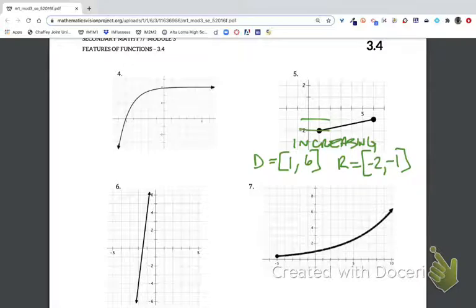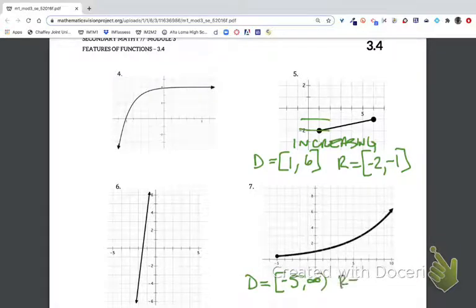Number 7, the domain starts here and continues on and on, and that arrow tells me that it's going to go on forever. So it'll go from -5 to positive infinity.